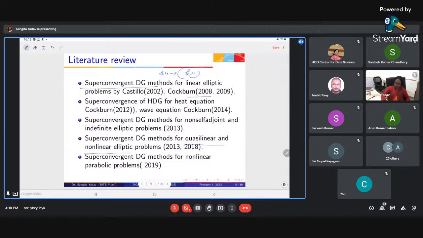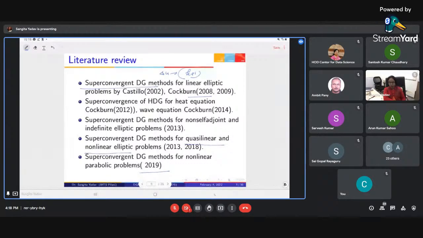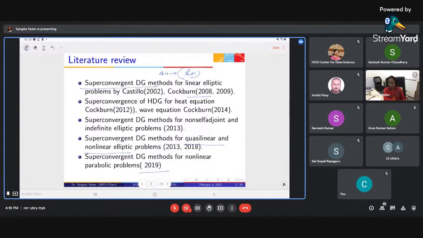Recently, in 2019, we could also observe the same behavior for non-linear parabolic problems. These discontinuous Galerkin methods were very easy to implement for linear problems, but there were some complications for nonlinear problems. But this has been analyzed during 2013 to 2019.